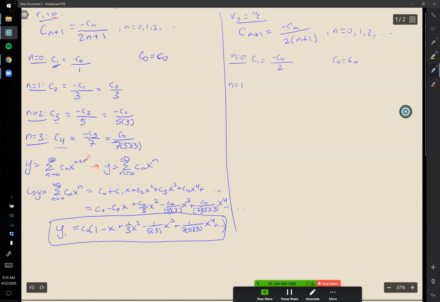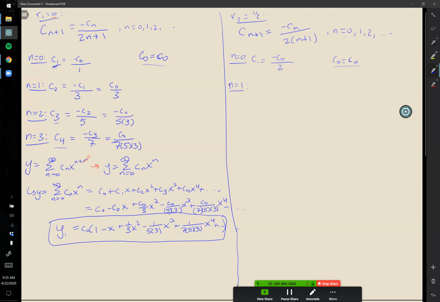By the way, just a notation: I should probably use different letters here, like K or something, because this C naught doesn't mean the same C naught. It's like two different problems now. I have two different indicial roots, so it's like two different power series.